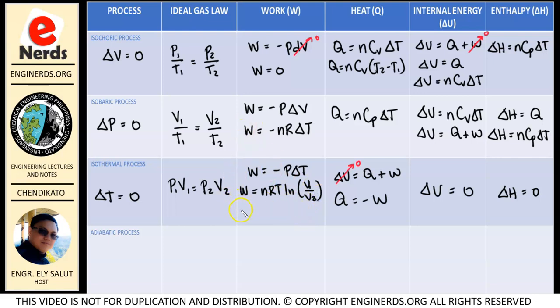Similarly, we can also write this as W is equal to nRT ln P2 over P1. So we could use that for our work at constant temperature process or isothermal process. So again, don't worry too much about this equation. We will be explaining that in a separate video about isothermal process, and we will be solving problems as well para mas ma-explain natin siya ng mabuti, no? Mas maintindihan natin yung isothermal process.